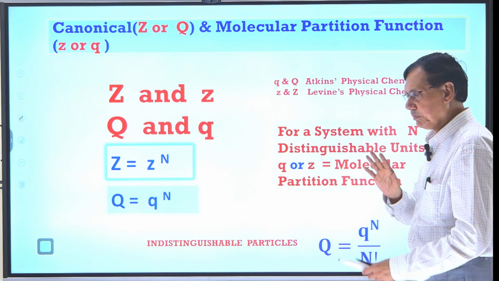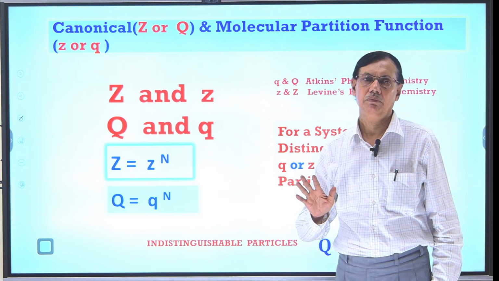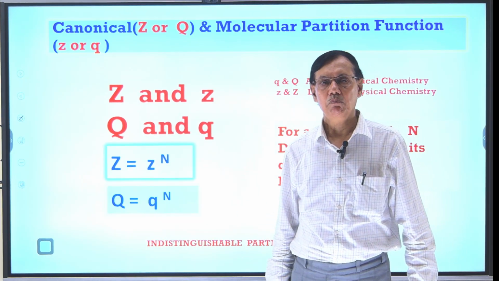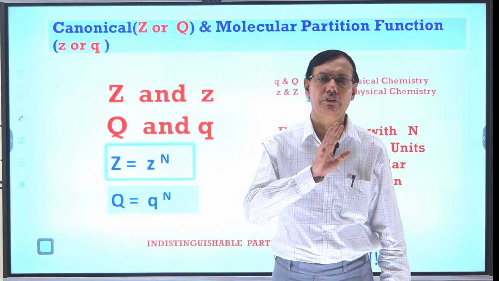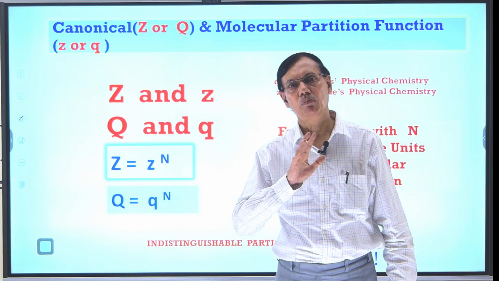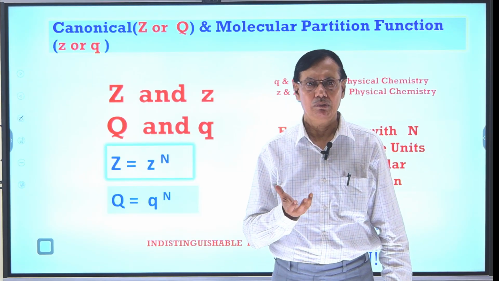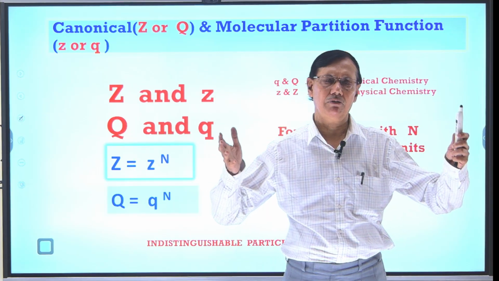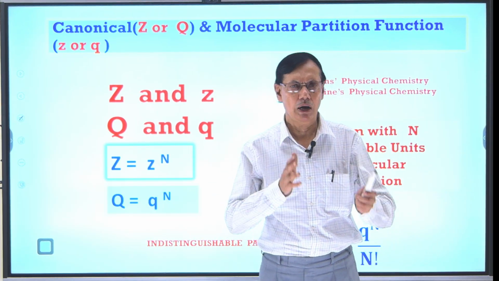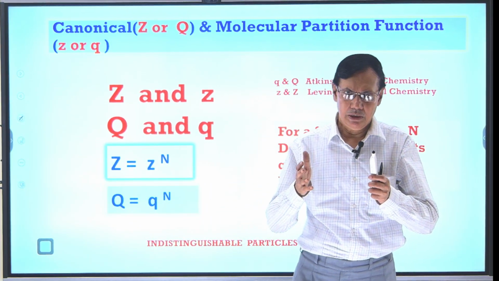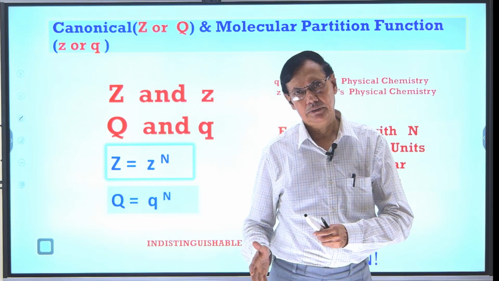There are no hard and fast rules, but please check your question paper and other things, whether they are referring to the molecular name itself as a definition. Partition function is for one molecule, and molar is for one mole. A system is composed of a large number of molecules, N1, N2, N3, N4 like that, and they are possessing different types of energy.